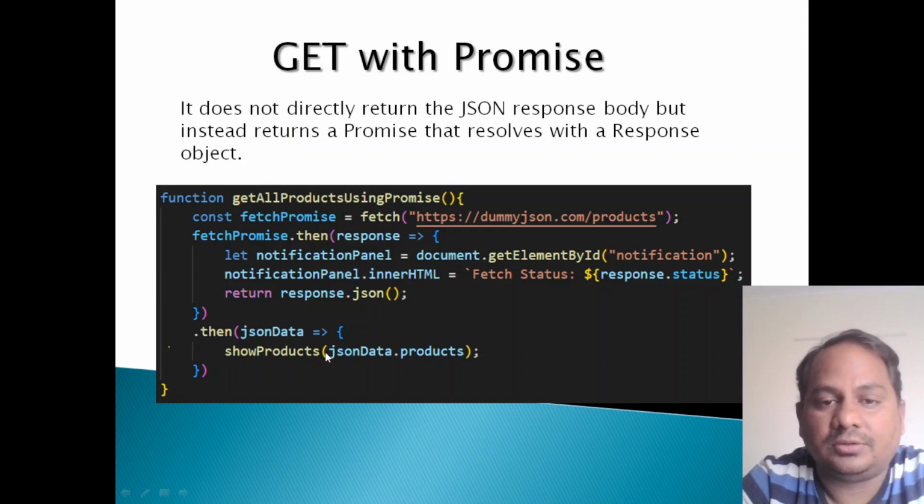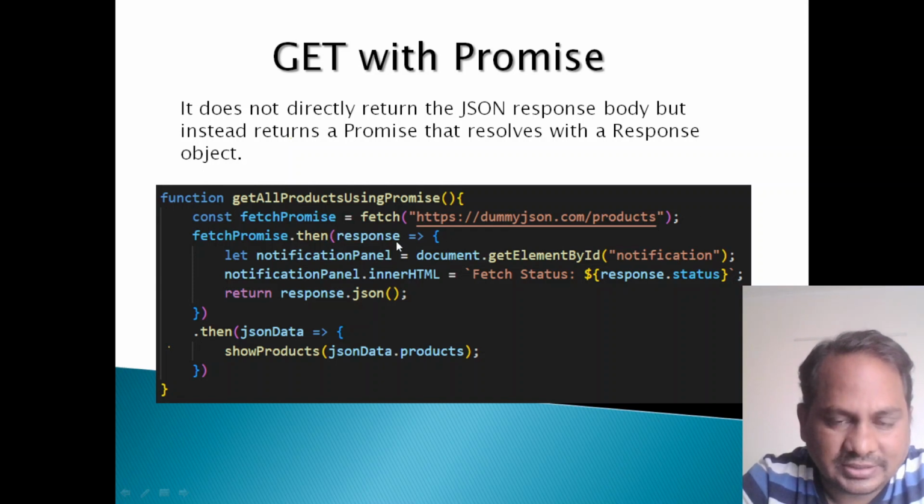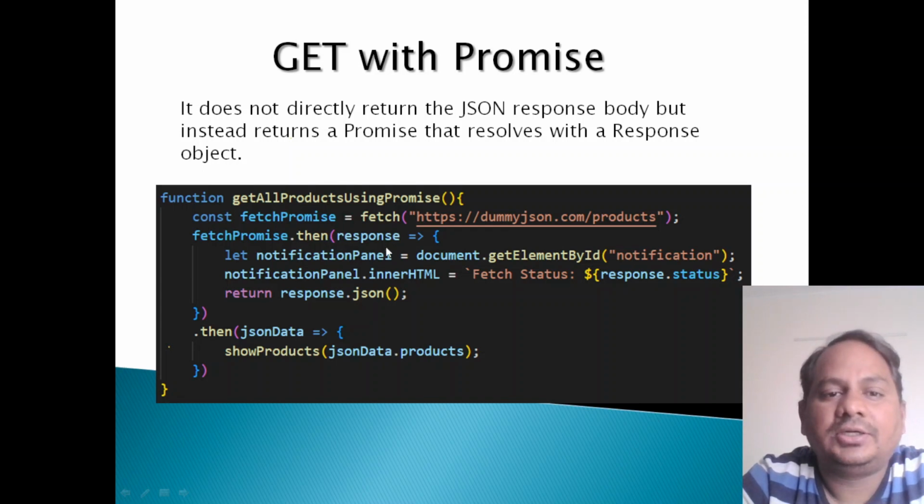That is show product. Okay. So only these two lines are fetching the record, and after that we are using this response object. Okay, using this promise, we are getting this response object and then playing with the response object.